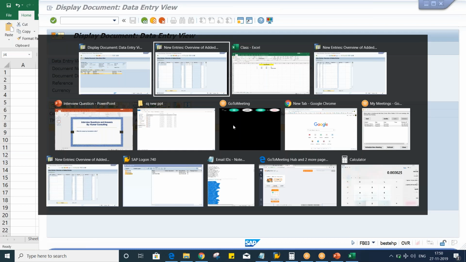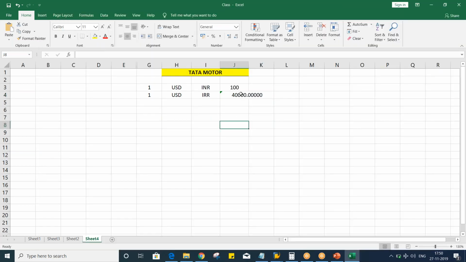But what is happening, guys? Here it is 4,000, right? But the actual value is 40,000. So what is happening, guys? In this translation ratio, the currency translation ratio, which shows the relationship between two currencies, what kind of relation is there, 1:1 or what?